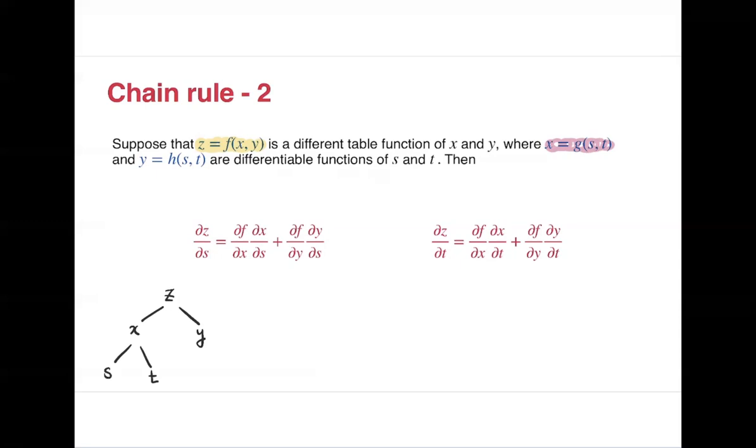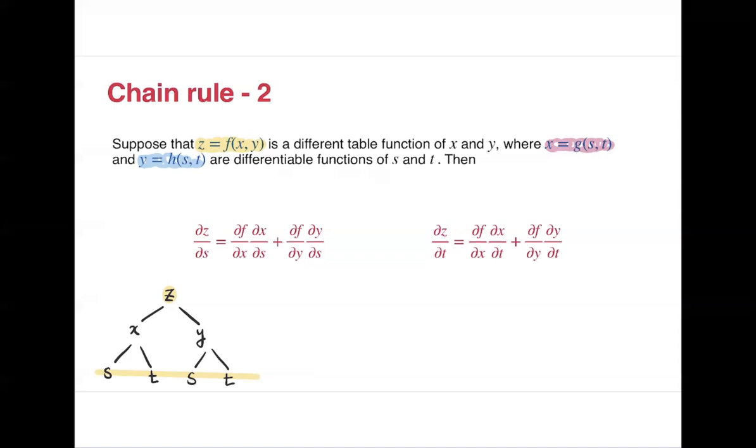And y is also a function of the variables s and t. Then you can see that z is a function of s and t. In the last line, there are only the variables s and t, so z has two independent variables.